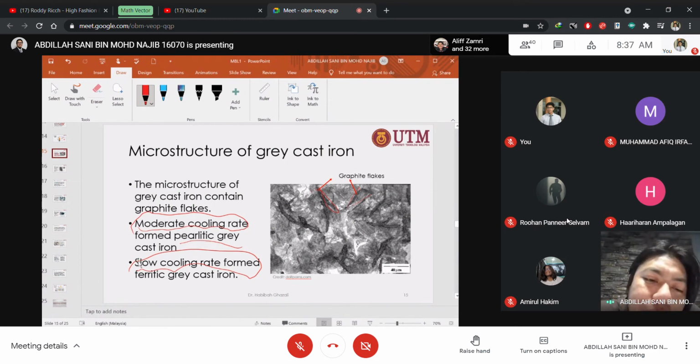But if it is slow enough, if we provide the opportunity for diffusion, the energy and the time, the carbon will get together to form the graphite, and the remaining phase will be only ferrite.